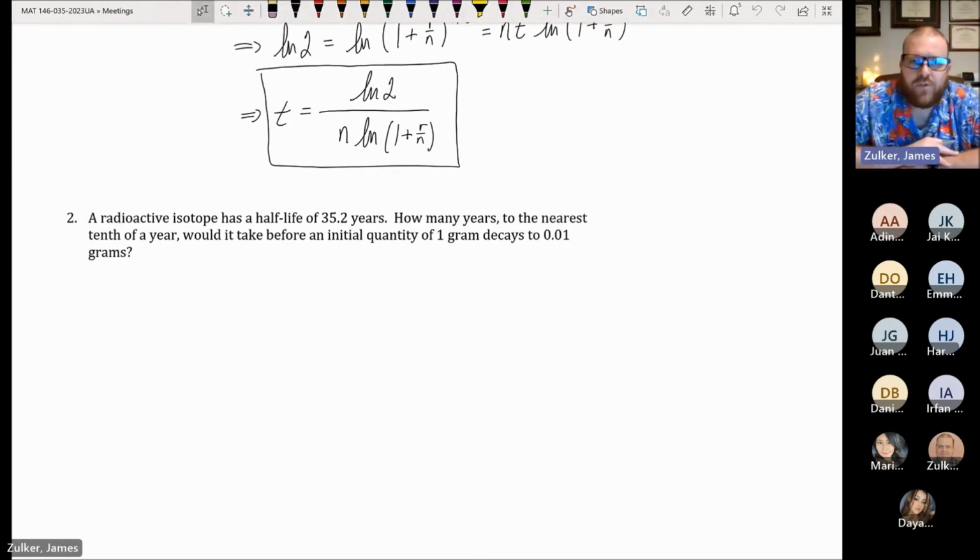Another common exponential growth decay model is the idea of half-life. Right, so half-life of a radioactive isotope is the amount of time it takes for half of the isotope to decay.